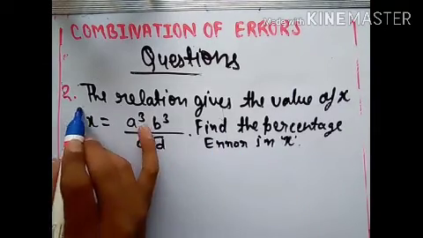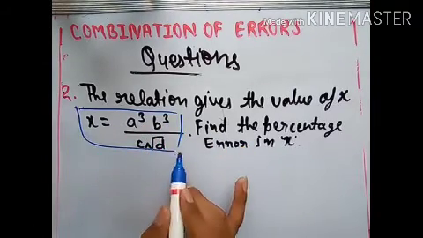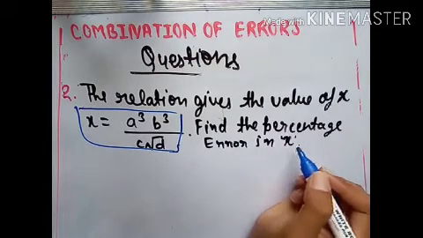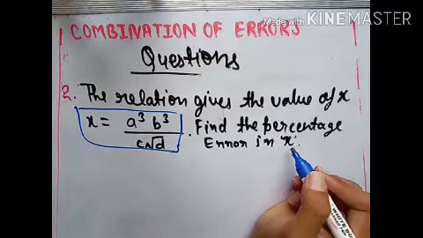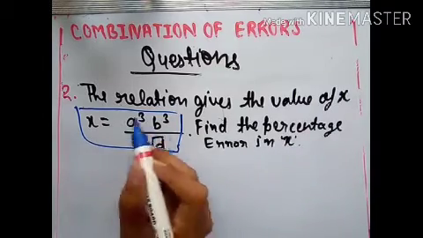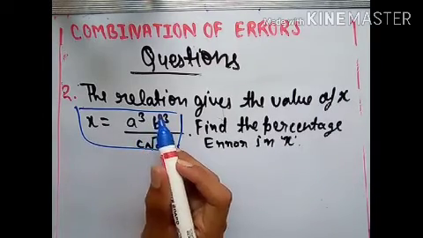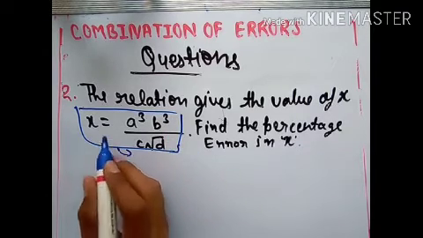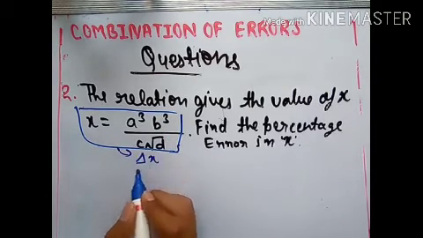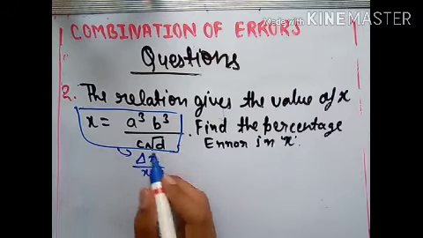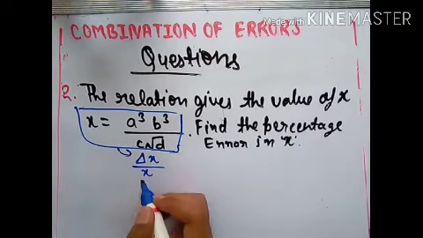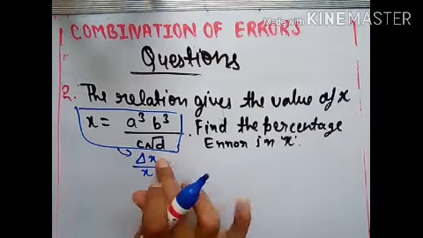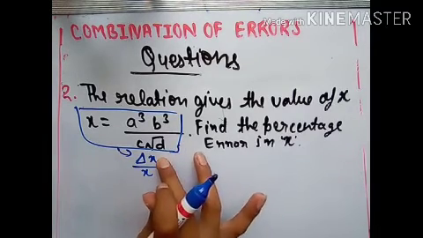Okay, look at the expression, and you have to find the percentage error in x. So for this, first of all, let's break it by our knowledge, the way of writing the error. So let's see. You will write it as delta x upon x. This is the relative error. Then we will convert this relative error into percentage error. Understand? This is the first step and percentage error will be the second step.